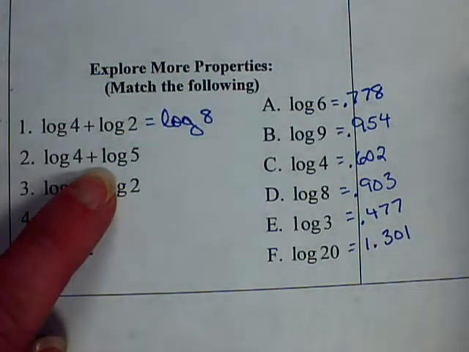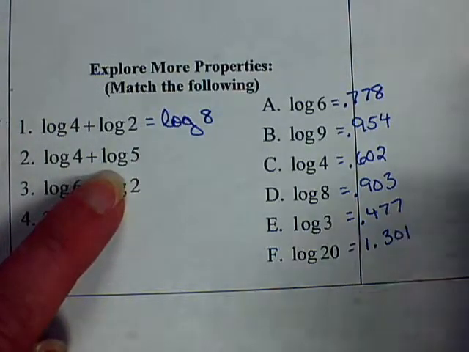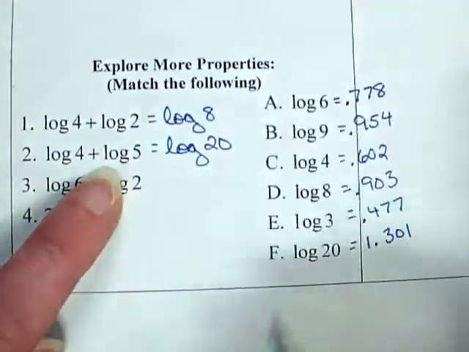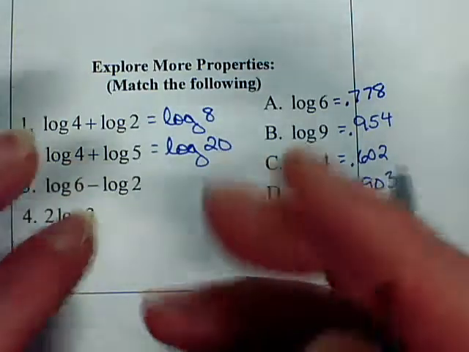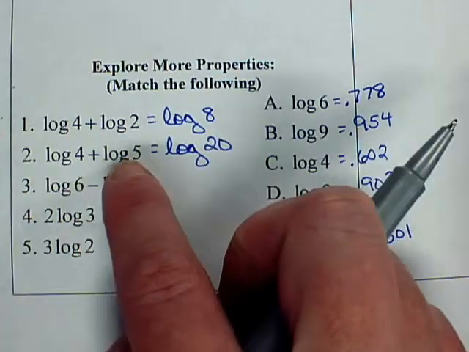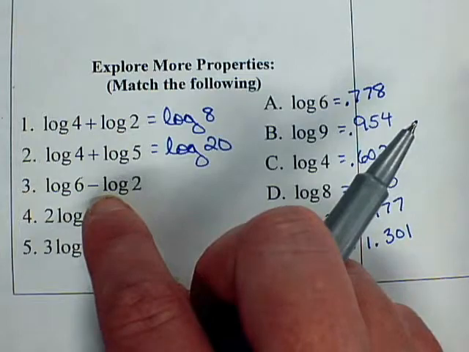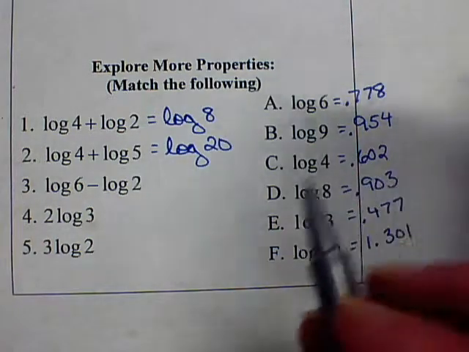Now, if I put in log 4 plus log 5, I end up getting 1.301, which is log 20. It looks like instead of adding those arguments, when they combine into one logarithm, we multiply the arguments. So what do you think would happen if we're subtracting logarithms and we combine them into one?